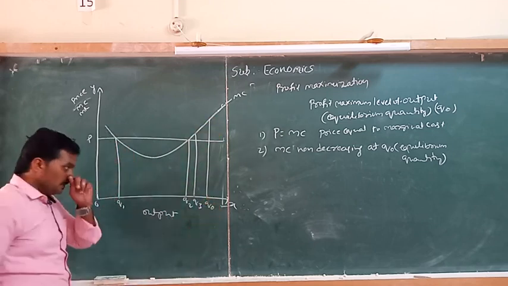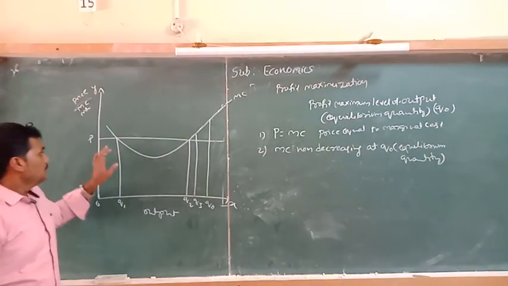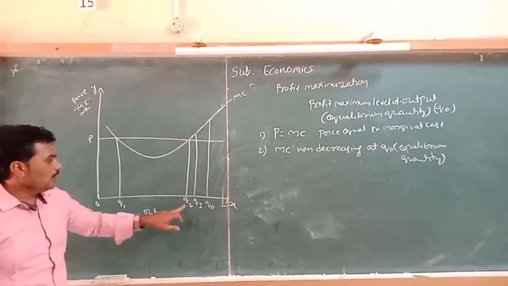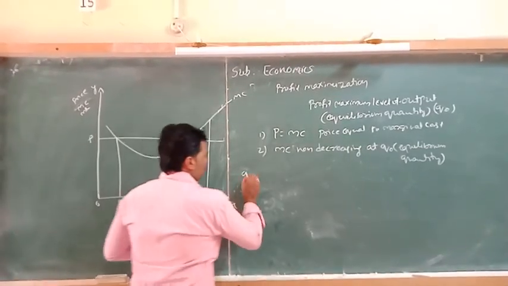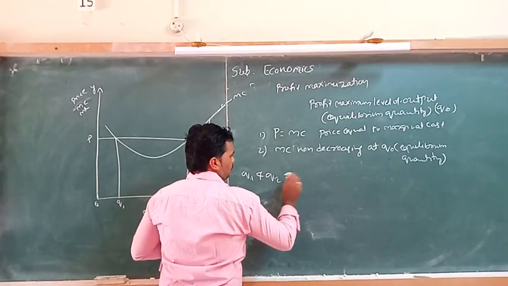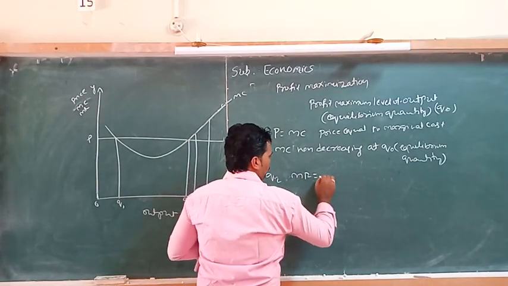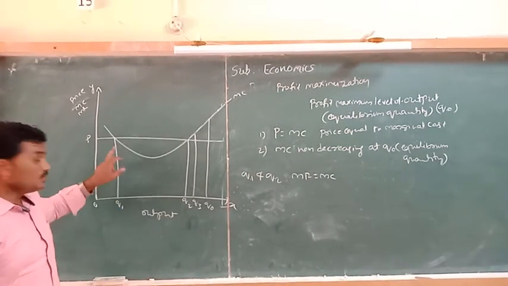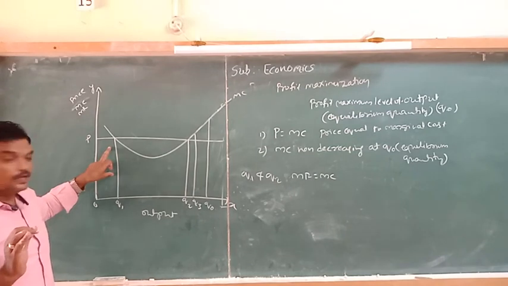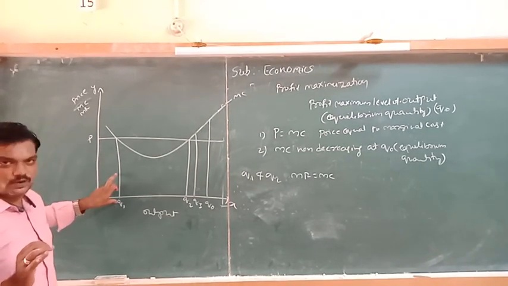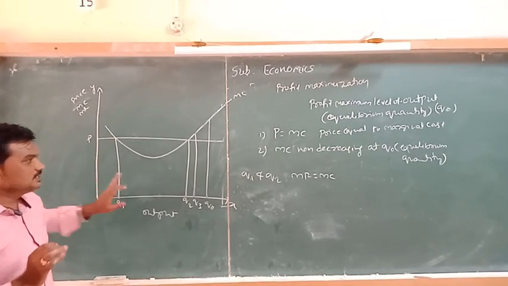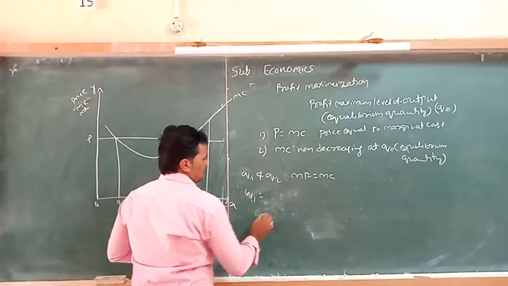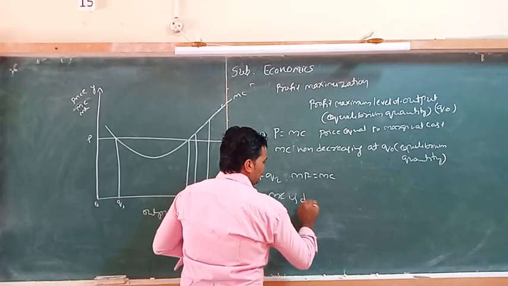Observe the diagram. In the above diagram, at output Q1 and Q2, MR is equal to MC. At Q1, MR is equal to MC, but Q1 is not the equilibrium quantity because the MC curve is decreasing here.